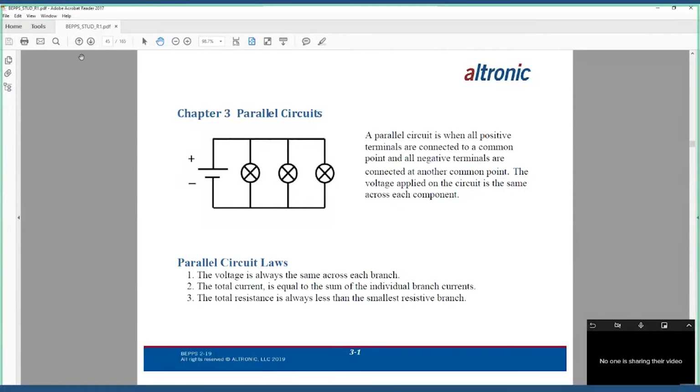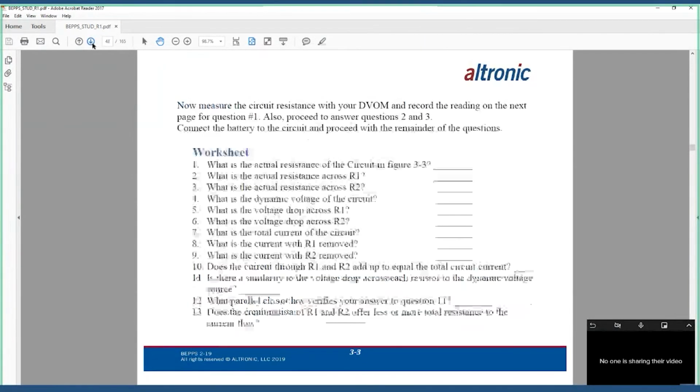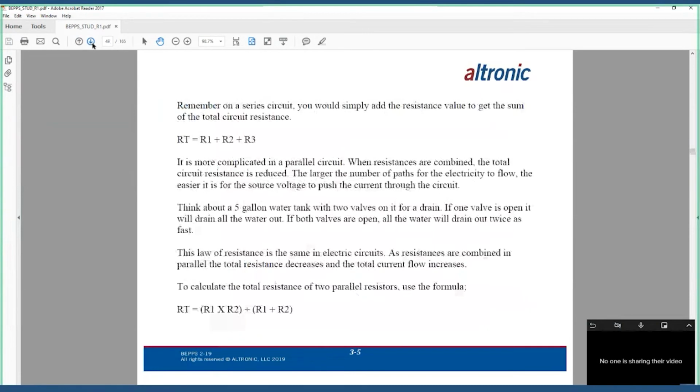So in this case, we had two resistive branches that were 10,000 in a parallel circuit. And what we saw was that the total resistance for the whole circuit is 5,000, so it's exactly half of that.